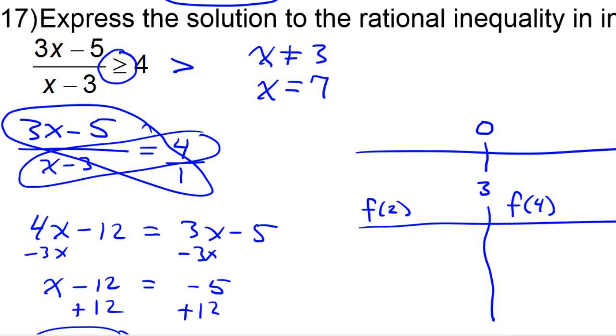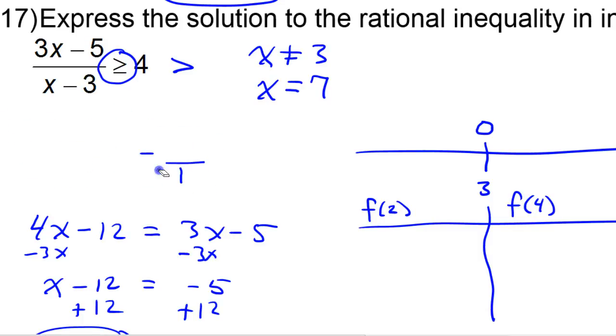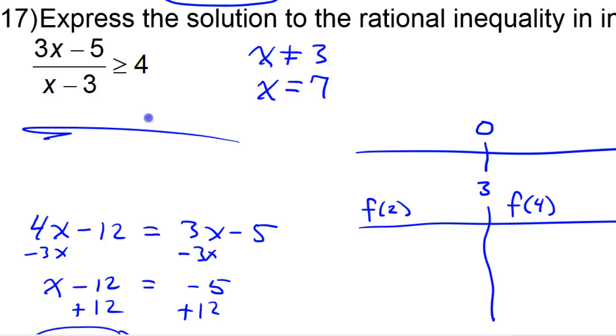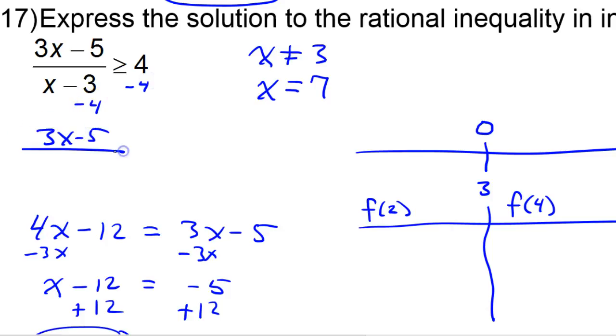But sometimes what I like to do, let me just erase this for a second, is get 0 on one side and then just compare to 0. So imagine that I subtracted 4 from both sides. That would give me 3x minus 5 over x minus 3 minus 4 is greater than or equal to 0.